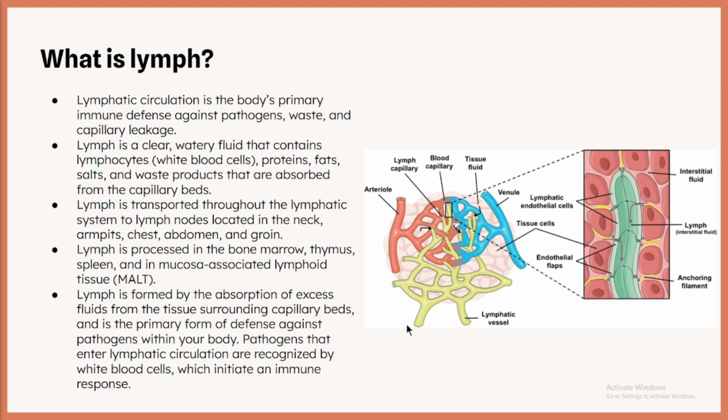These can be waste products, obviously includes the proteins and the fats and the salts, and also pathogens, which are recognized by the white blood cells to initiate an immune response. But that's where lymph originates. It comes from the waste within your tissues found at the capillary beds.